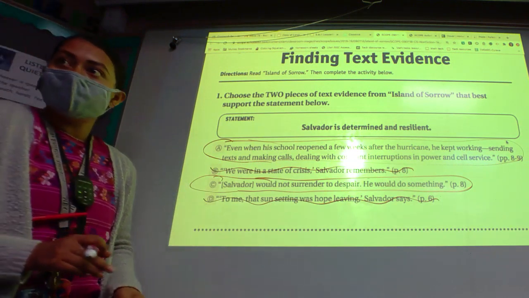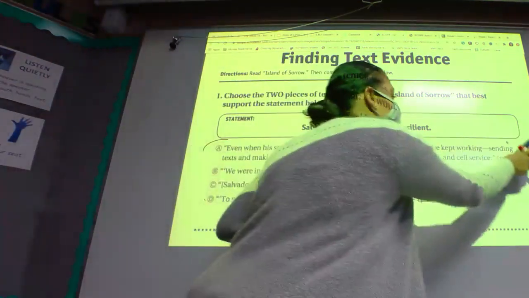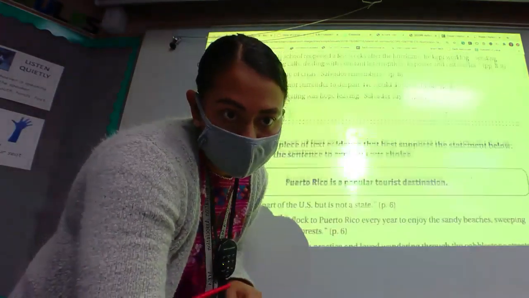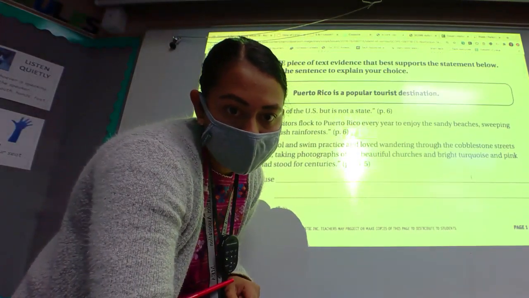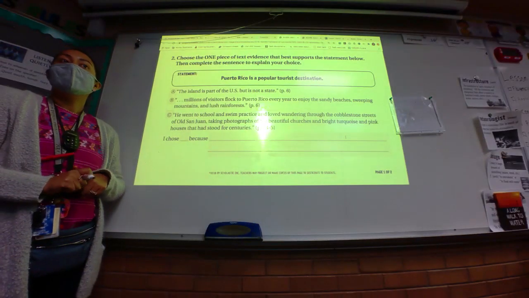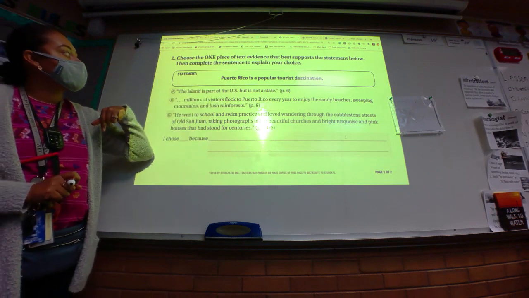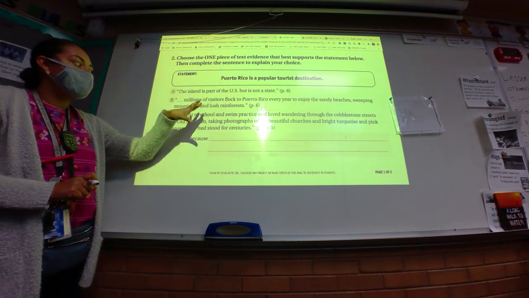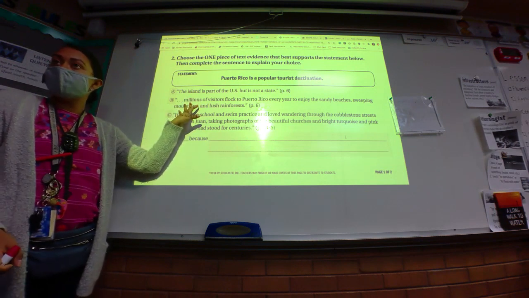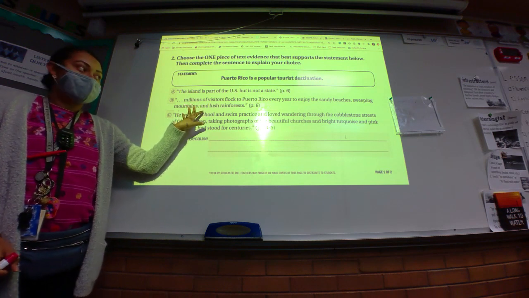Okay, number 2, ready? Got it? All right. Number 2. Noah? The island is part of the U.S., but is not a state. Okay. Number 2B. Sophie, turn around. Number 2B.